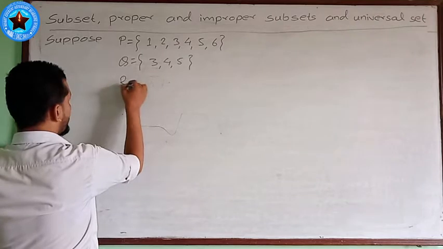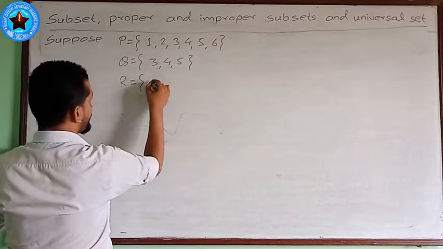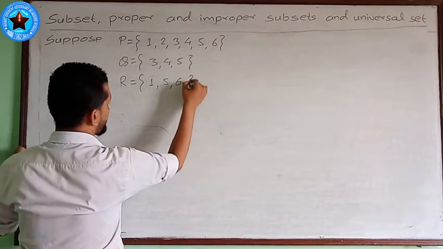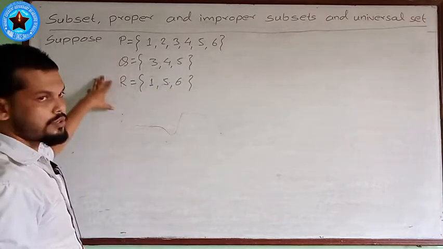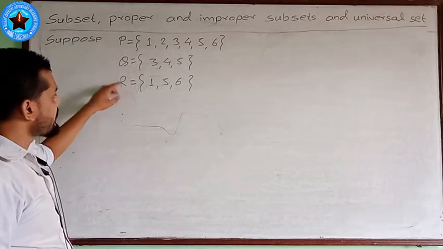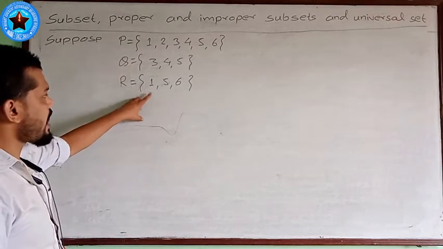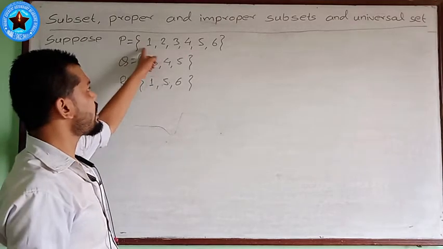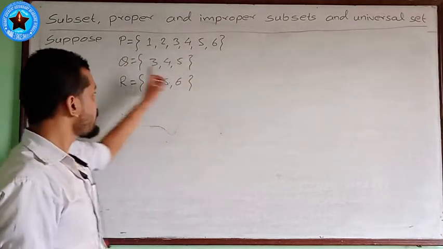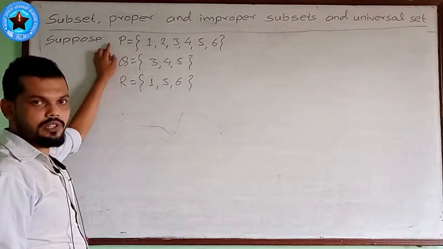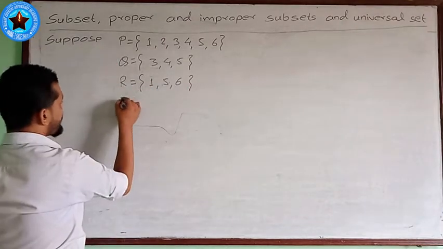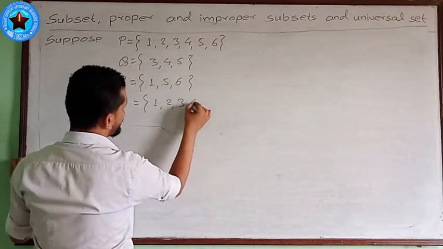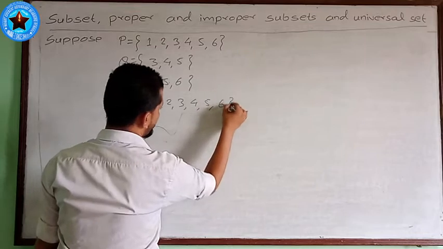Similarly, consider another set R, which is {1, 5, 6}. If you compare P and R, the elements of the set R, that is 1, 5, 6, are also contained by the set P, so R is also a subset. Similarly, take another set S equal to {1, 2, 3, 4, 5, 6}.